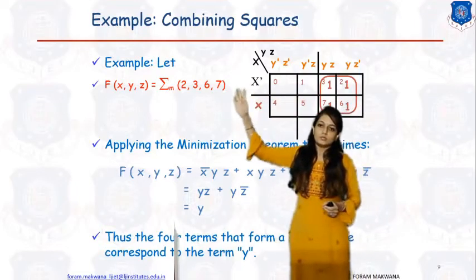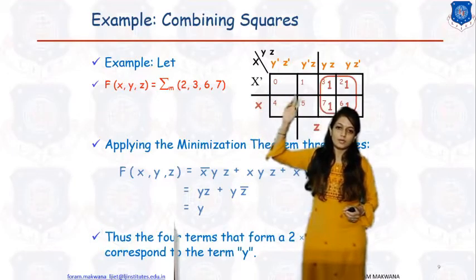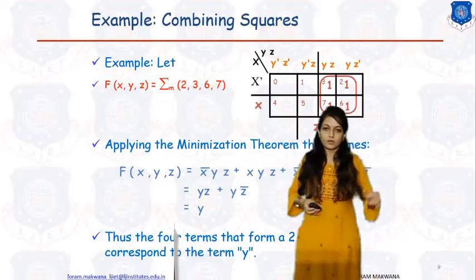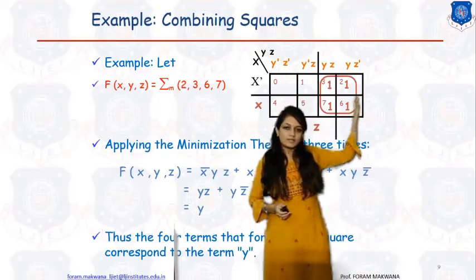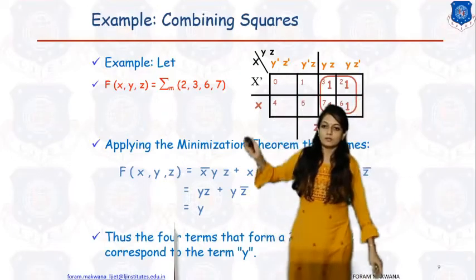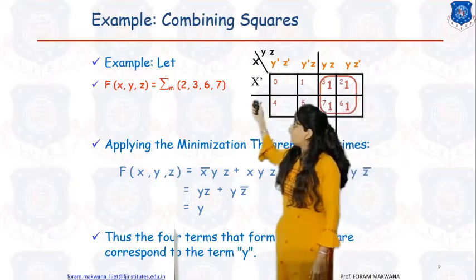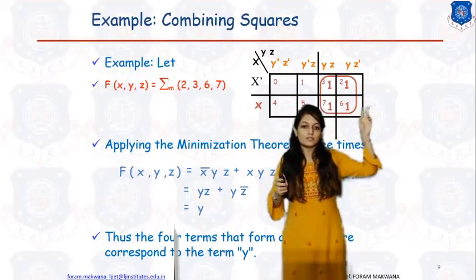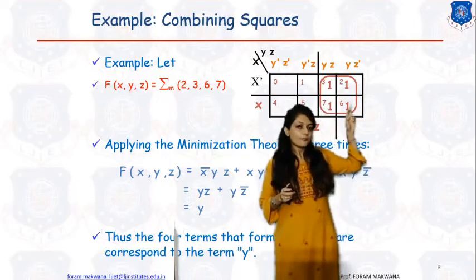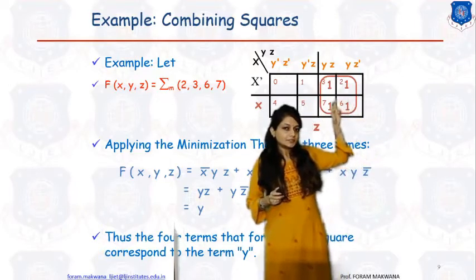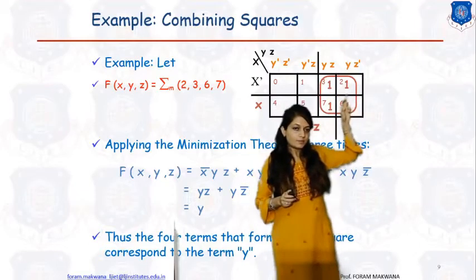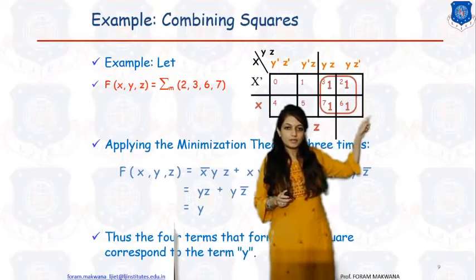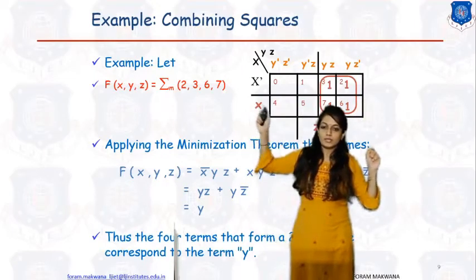Okay, 2, 3, 6, 7 represent M2, M3, M6 and M7. Alright. So first of all draw the 3 variable K map. How to identify that? Over here it is mentioned that the function is dependent on 3 variables x, y and z. Right. So draw first the 3 variable K map. Then write M0, M1, M2, M3, M4, M5, M6, M7. Right. Place 1 at 2, 3 and 6, 7.